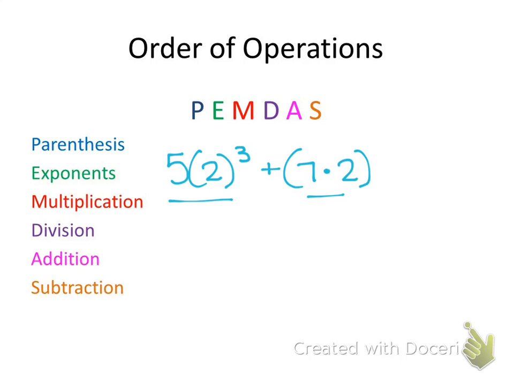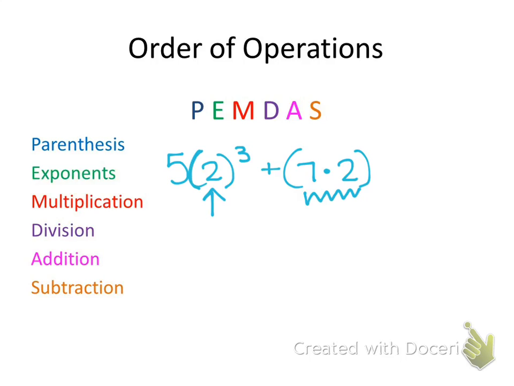No, okay? Parentheses means that there is something inside of the parentheses that has to be done. In order for it to fall under the parentheses category, there has to be more than one number inside of the parentheses. This does not count.